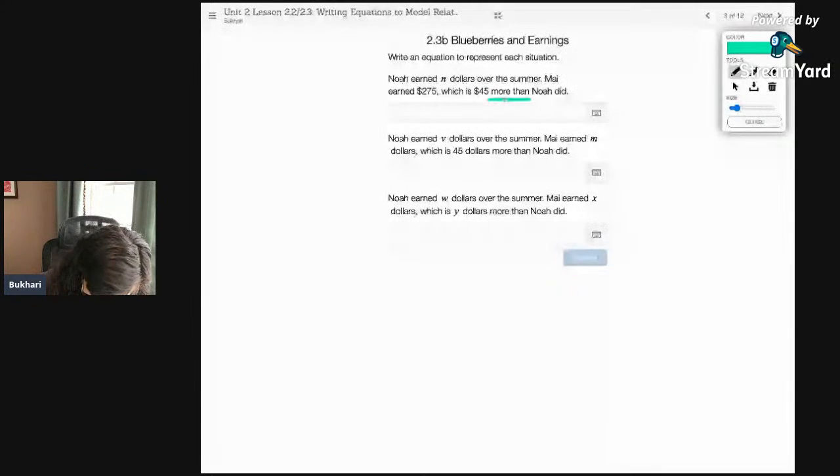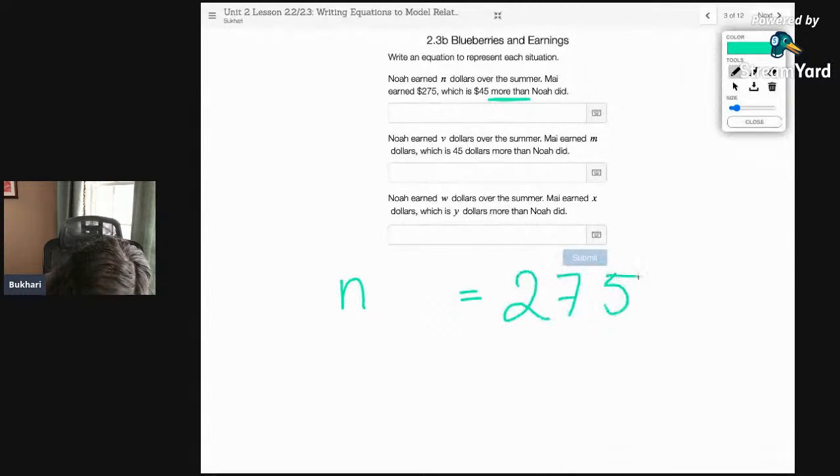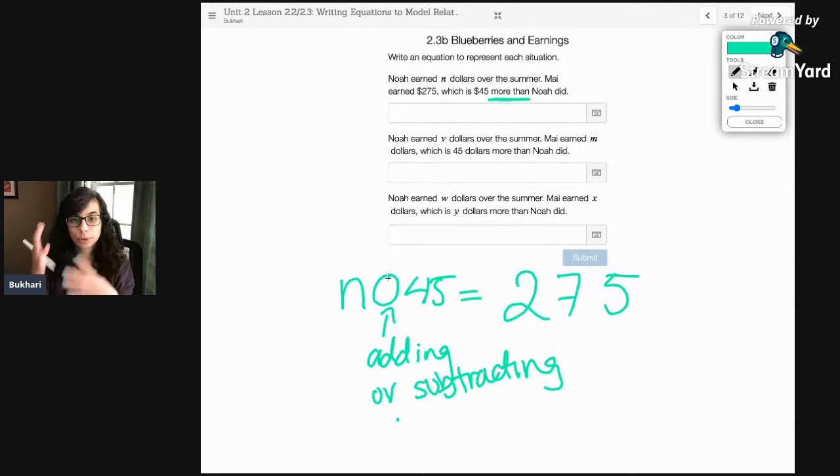If Noah earns N dollars and we have a total of 275, are we adding or subtracting our 45, right? What operation goes here? And think about the wording of the equation. And this might be confusing, and that's okay.